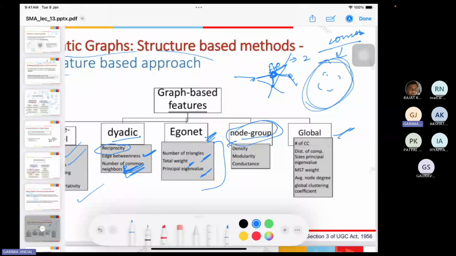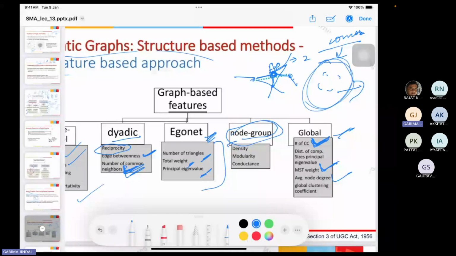Beyond this, you can also consider the property of the network as a whole. You can identify the number of connected components in the graph. Then MSTs: you can find the MST and the weight of the MST, and the average node degree. You might have ground truth data that the average degree should be somewhere around this.